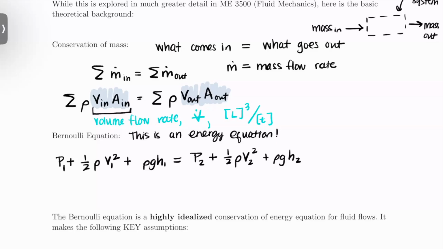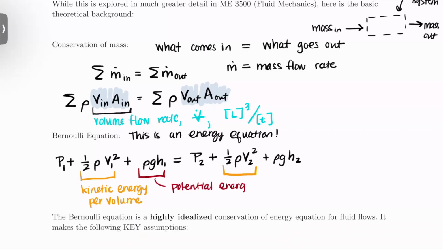All right, and the reason that this is an energy equation is we have, hopefully, the familiar kinetic energy. And this is kinetic energy per volume. And that shows up on both sides. And then we also have what looks like potential energy, again, per volume.